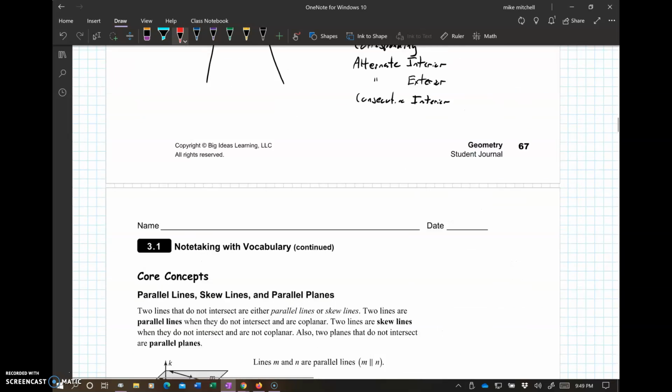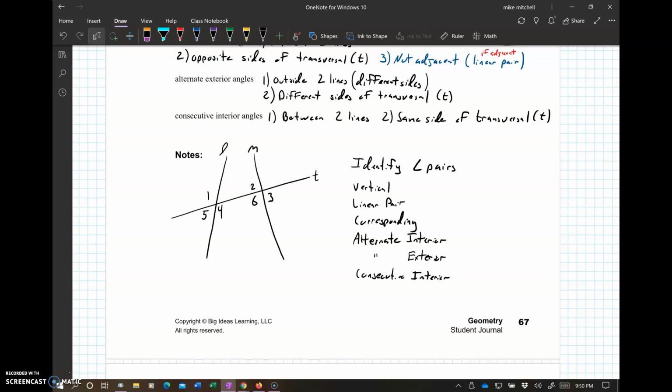So let's try these examples I wrote up here. We got some more to do later. Identify the angle pairs. So that's what we're doing right here. I should have put a better direction on that. We've got vertical angles here. Okay, so vertical angles.